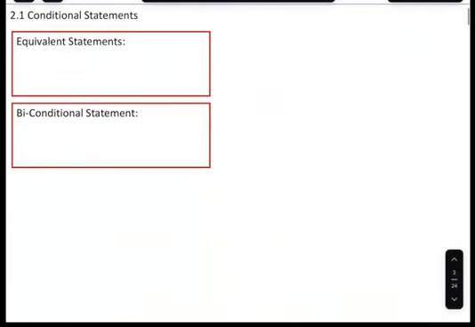Right, the final slide, again, just a couple things that will fall in the vocab for this section. Equivalent statements are ones where you have a pair of statements that are both true or both false. They're equivalent to each other.